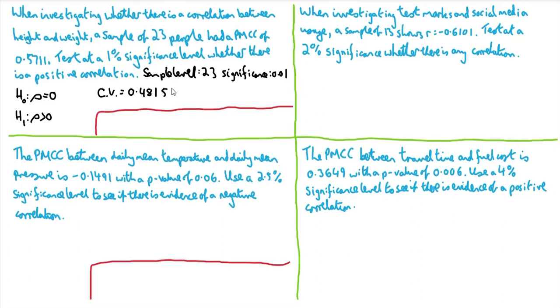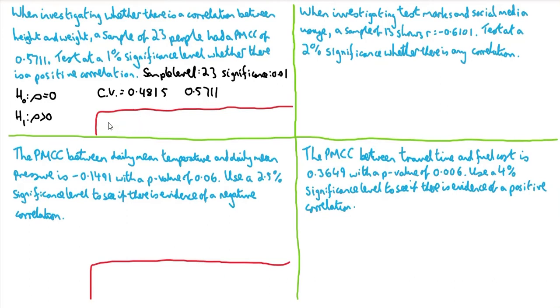This critical value is what we're now going to compare to the PMCC given to us in the description, that being the 0.5711. How do we compare though, and what does it mean? Well, the rules for the critical value here are very similar to the rules that we use in binomial hypothesis testing.